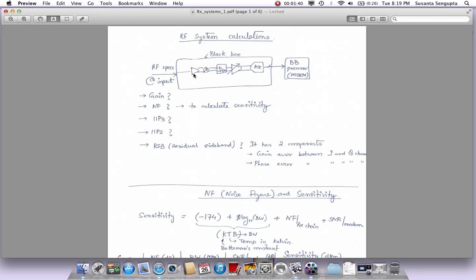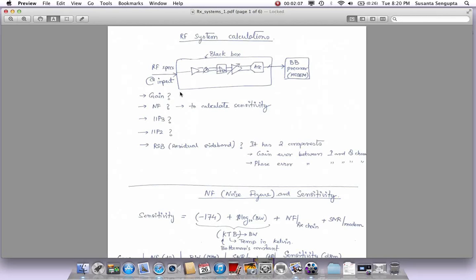It's not good to have visibility only into the LNA and not into the other blocks. It's good to understand, even at a top level, how the system is architected, because then the designer has many knobs in his pocket to tune around and make the system more efficient. That's why I learned it, and I think it will be beneficial for everybody to get knowledge of these RF systems.